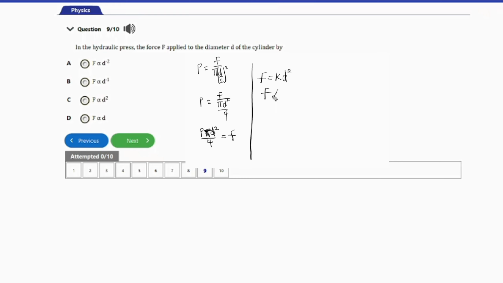So F is equal to kd squared. So in that case, F varies as d squared. So that's it for this question.